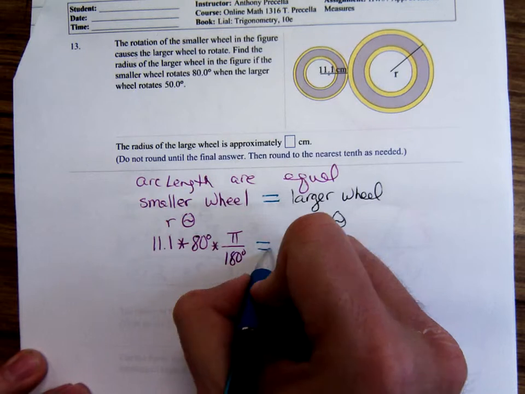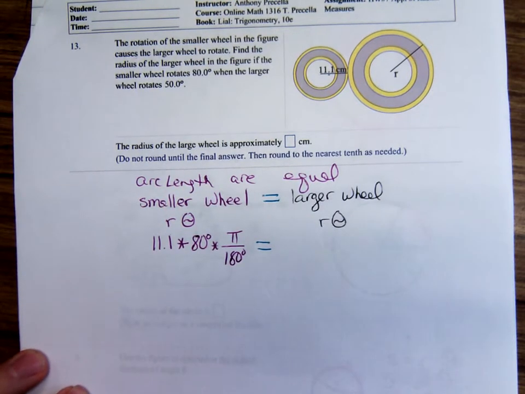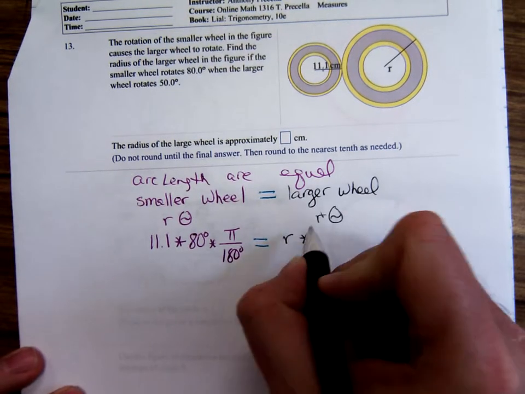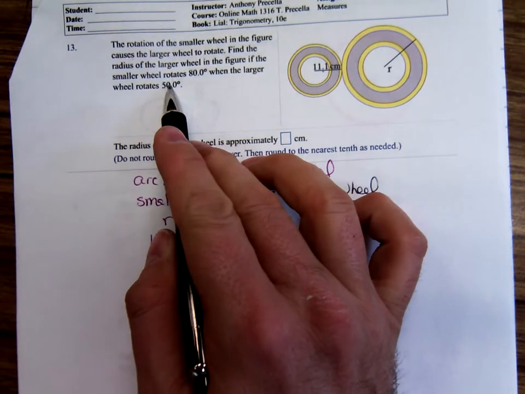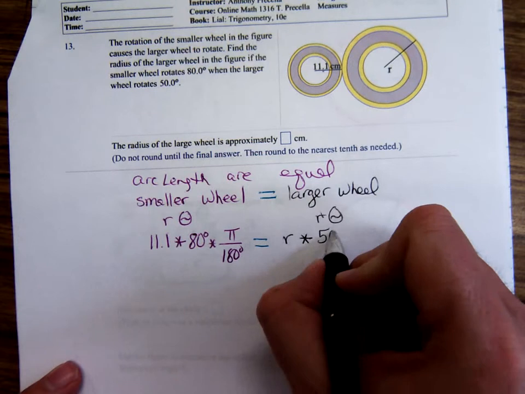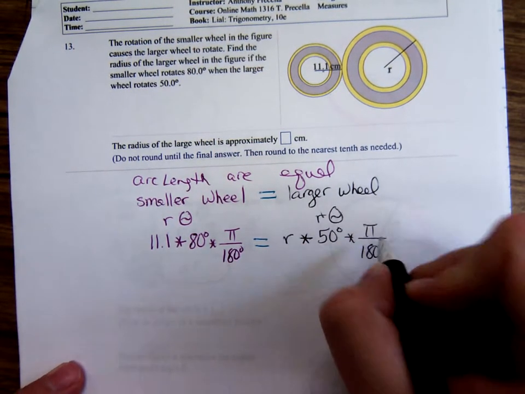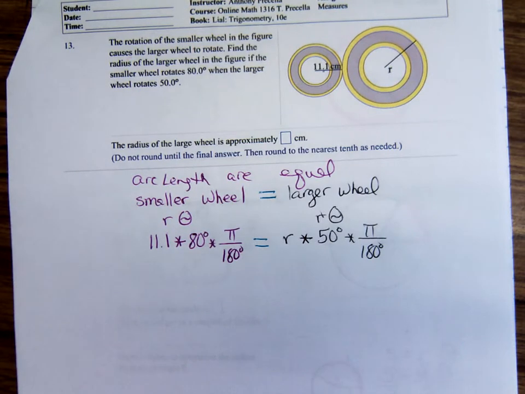R, we don't know. So what about theta? On the larger, the angle is 50 degrees times pi over 180 degrees. Can we drop those pi over 180 degrees right off? Yeah, of course we can.